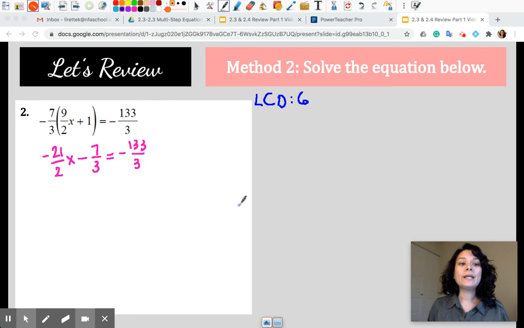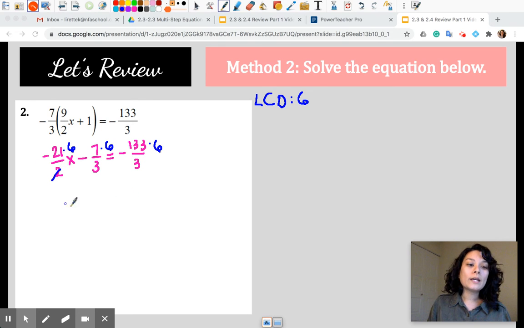Then what you do is you take this LCD and you multiply it to every single value. Even if you've got an integer value and it's not a fraction, you still multiply it to every single term in your equation, but only the tops. And then what ends up happening is, because these are technically numerator values, they're going to cross reduce with all those denominators.